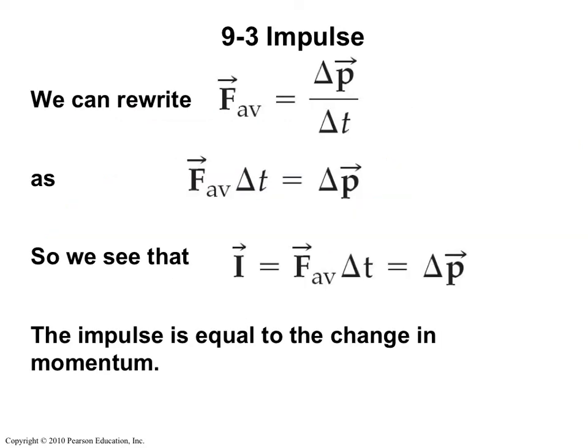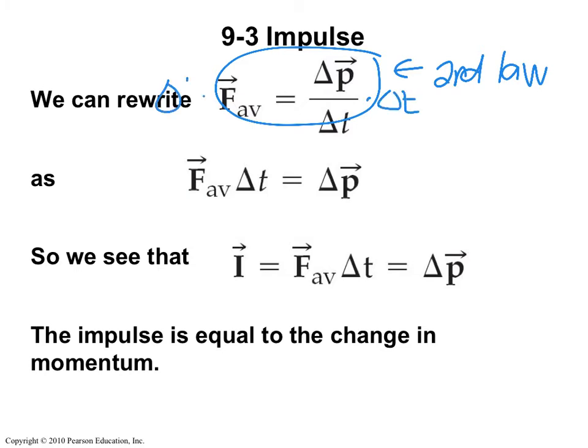Now let's actually go over this derivation to see that they are the same. So previously, this is how we related Newton's second law to momentum. And I did that derivation a little bit earlier in this lesson. Now, if I move this delta t to the other side, I'm going to rewrite it like this.